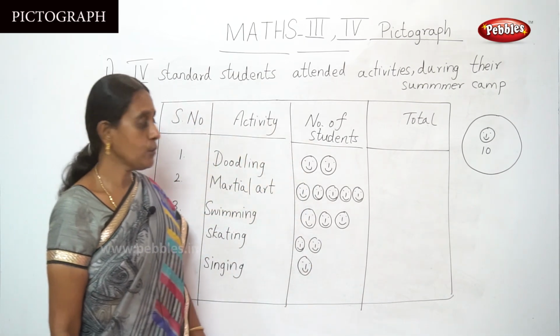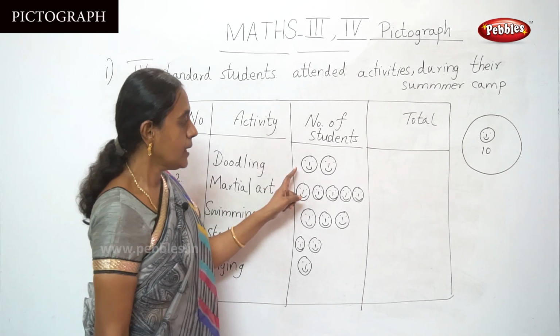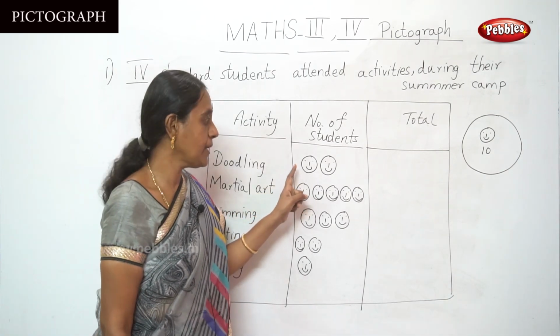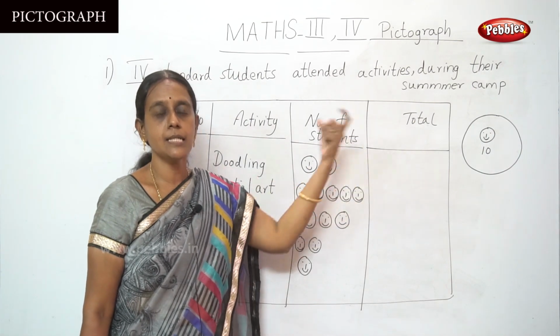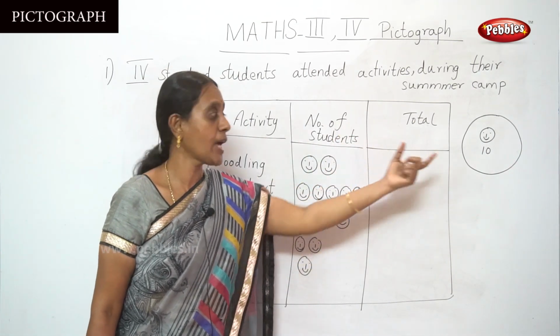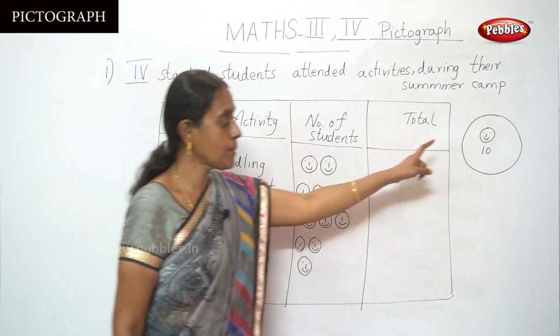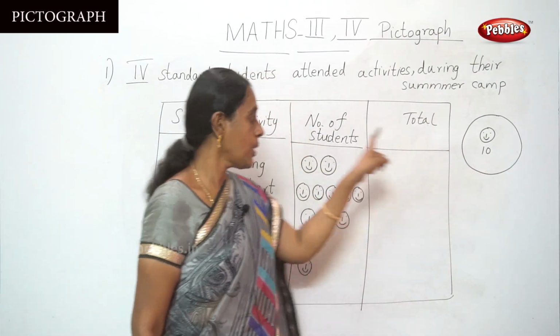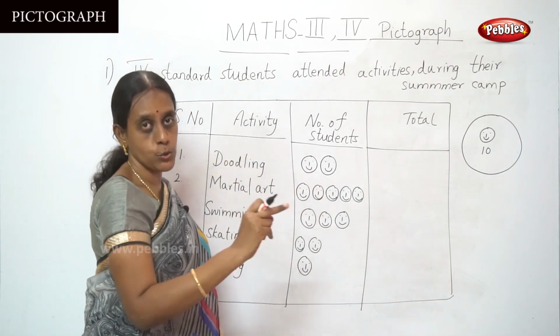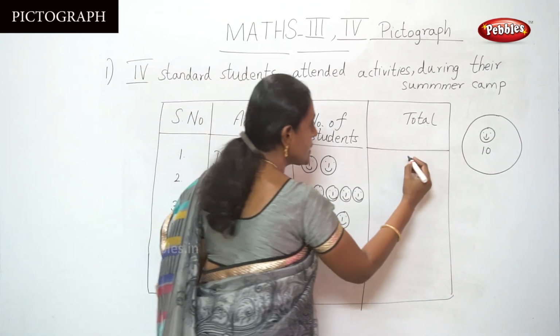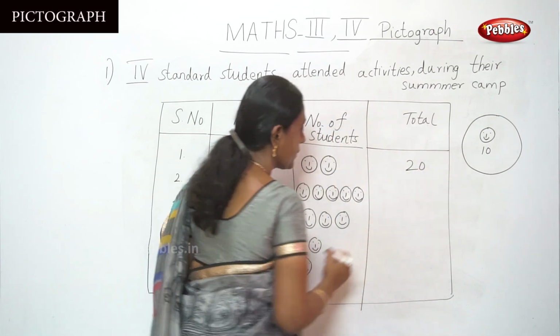Now we are going to calculate each smiley figure. Each smiley takes the value of 10. So for doodling you have 10 into 2, that is a total of 20.